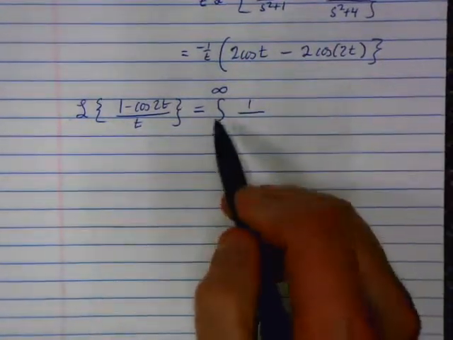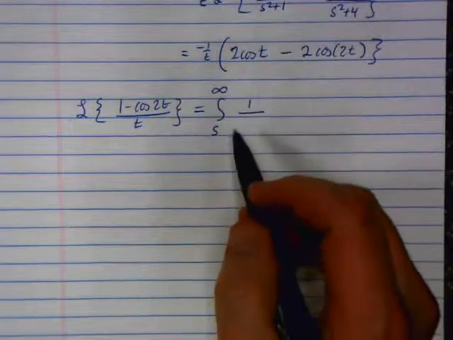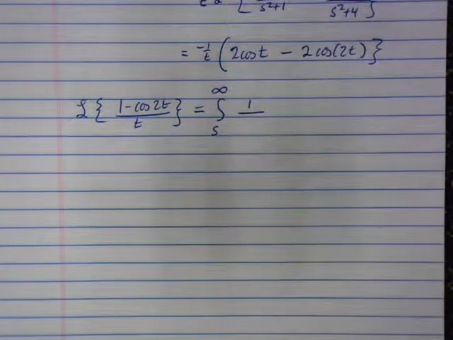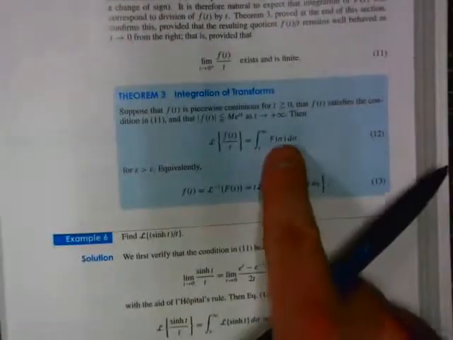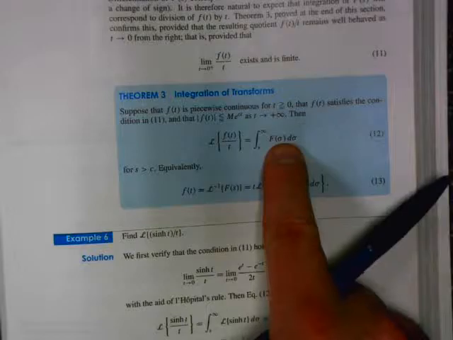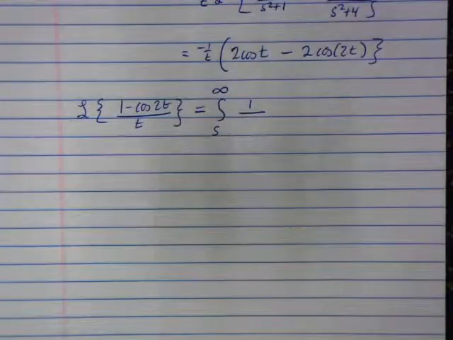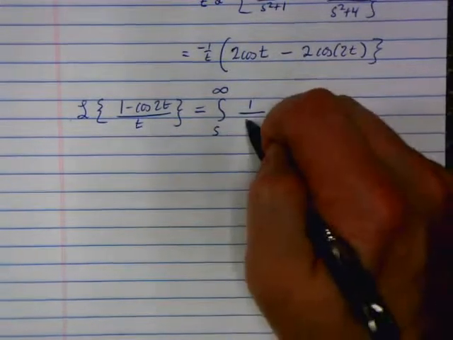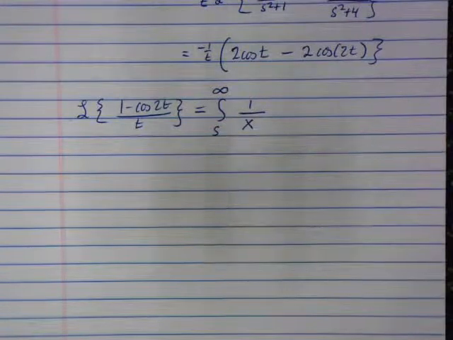Except I don't want to use s because I'm using s here. So you might notice in the theorem in the book they used some Greek letter for some reason. I think I'd rather use an x.